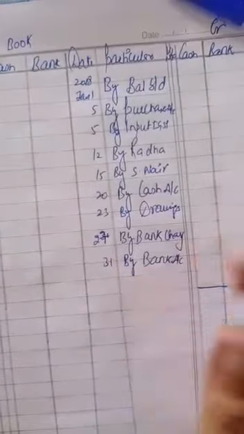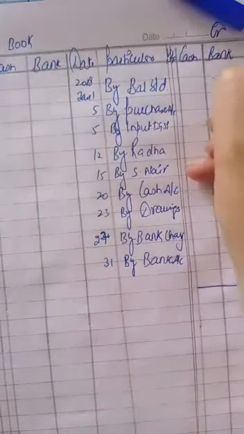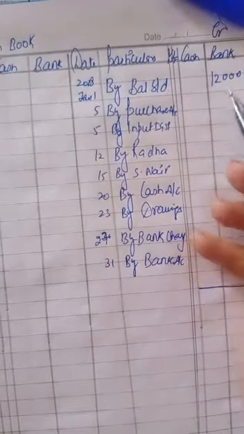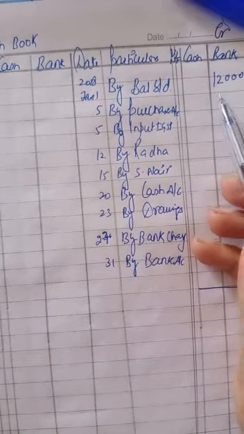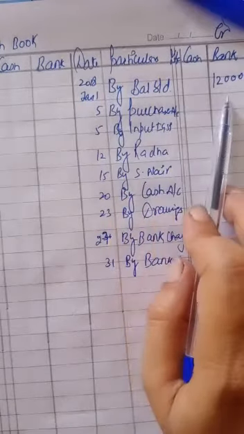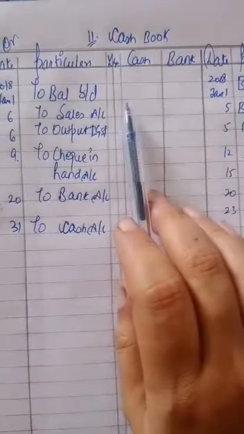So we will write 2018 January 1 by balance brought down on the payment side. We will record this 12,000 on the payment side, that this is overdraft. By balance brought down, 12,000 is the overdraft. And next, cash in hand is given.